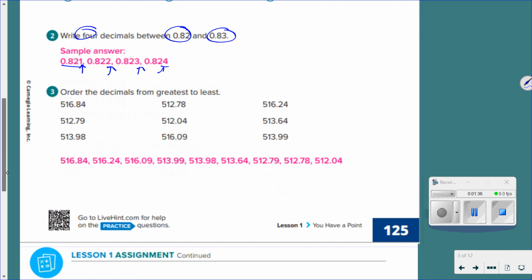Order the decimals, greatest to least. This is a really big piece on this. So we started at 516 and 84 hundredths. Second, 516 and 24 hundredths.